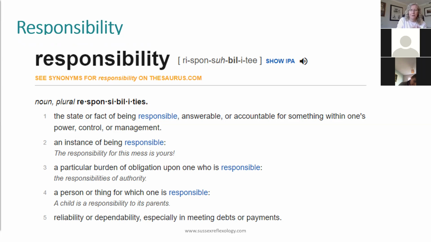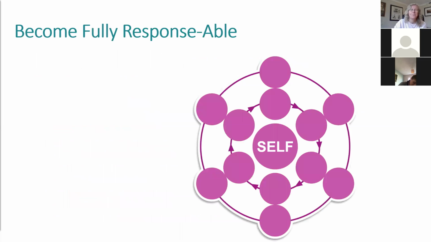And the thing about us human beings is that we can change. We can work on forming new beliefs. We can use techniques to help us manage our thoughts, etc. So we could change responsible to becoming response able.